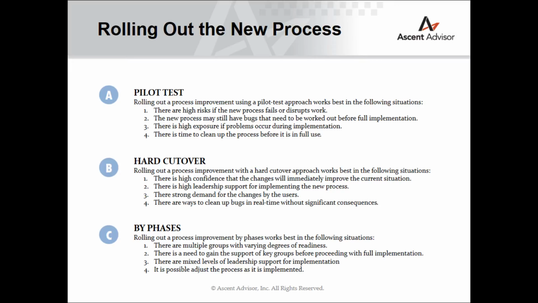This approach works best when there are high risks if the new process fails or disrupts work, or when there are new processes that may still have bugs and need to be worked out before full implementation, or there is a high exposure if problems occur during implementation, or if there is time to clean up the process before it is in place for full use.